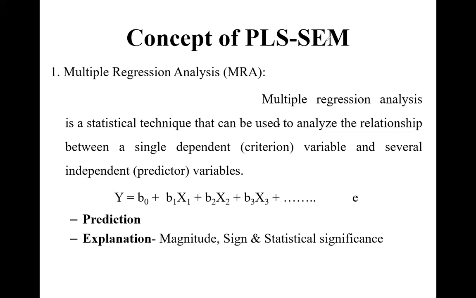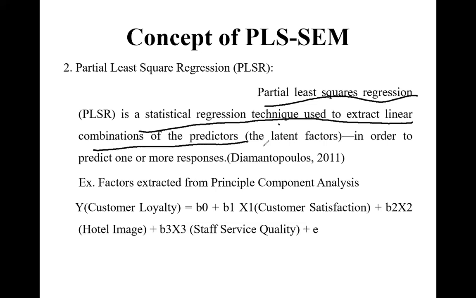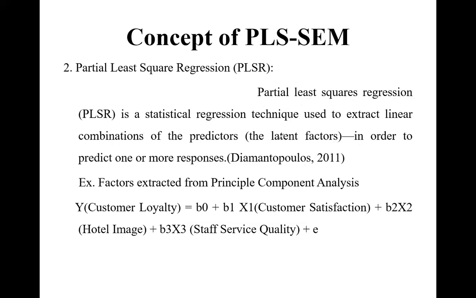Now when we combine this with partial least squares, it is partial least squares regression, a statistical regression technique used to extract linear combinations of predictors, meaning latent factors, in order to predict one or more responses. Here we are predicting a latent factor. A latent factor means the combination of 3 or 4 questions. So it is the same as multiple regression analysis.